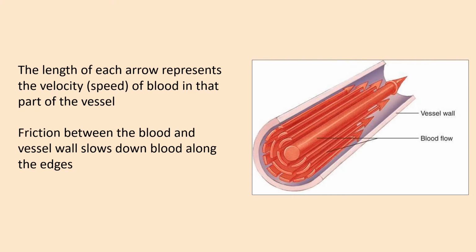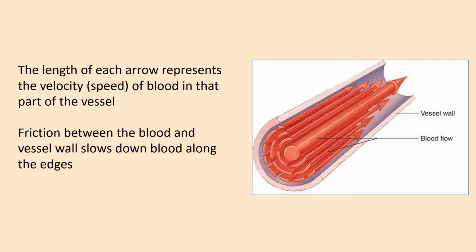In this diagram, we can look at the velocity of blood flow through different points in the interior of a vessel. So the length of the arrow represents the velocity of blood flow at that point inside the vessel. So in the very center of the vessel, we see the largest arrow, and blood that's flowing through the center of a tube or a pipe, that blood is free from friction.